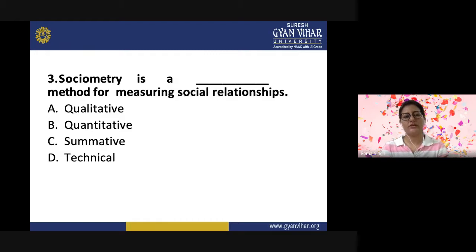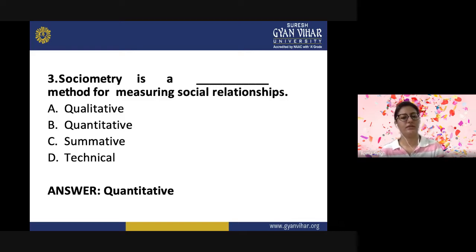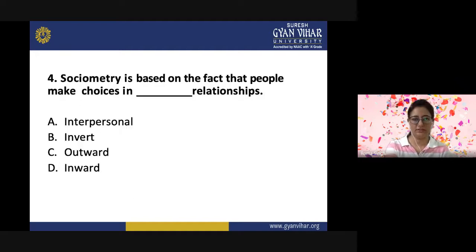The next question is, sociometry is a dash method for measuring social relationships. The options are qualitative, quantitative, summative, or technical. So what kind of method is sociometry? It is a quantitative method because it measures the social relationships. It does not only observe, so it measures, where the numbers come, it automatically becomes a quantitative method.